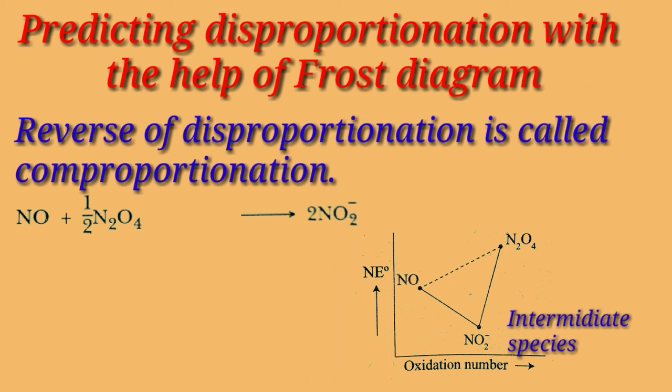So over here, NO plus half of N2O4 gives you twice of NO2-. So we have to add one water molecule on RHS and twice the hydroxide ion on the opposite side.